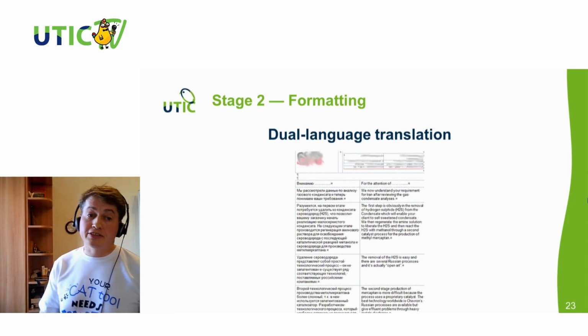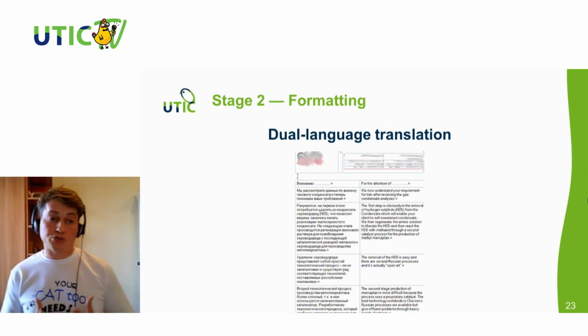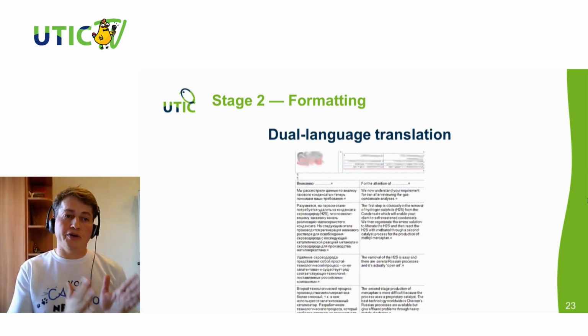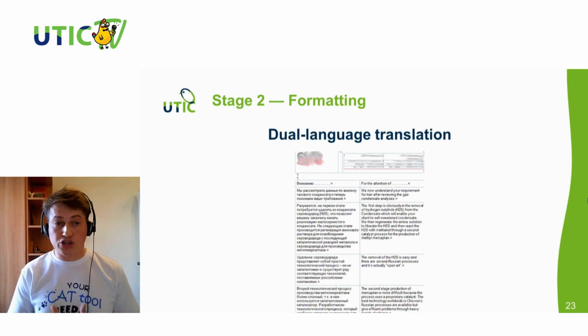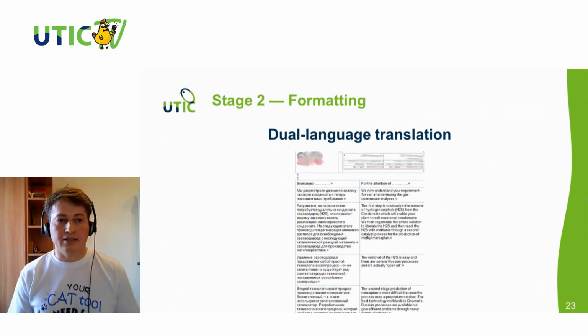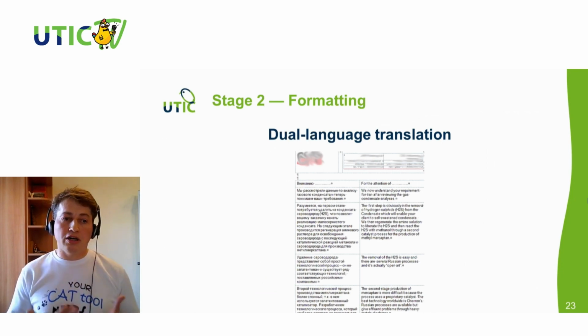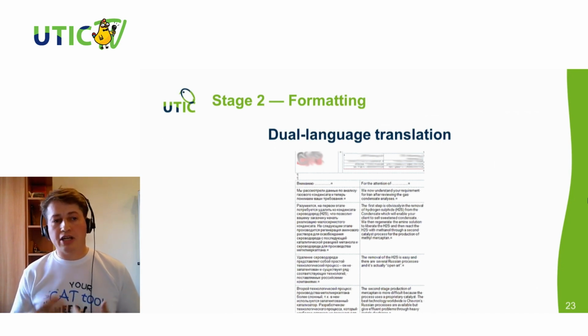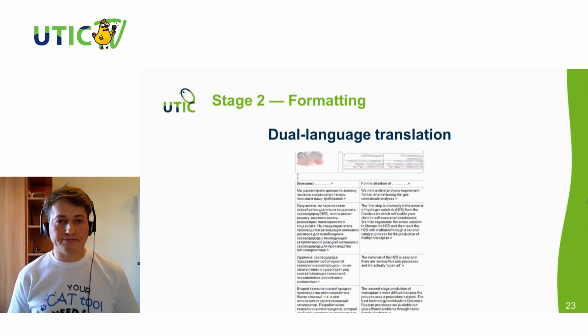Finally, if you need to create the translation in dual language format, that is, with source and translation next to each other, you need to prepare the document before you import it into the capsule. Now I will talk to you about these formatting challenges in more detail and tell you how to address them.